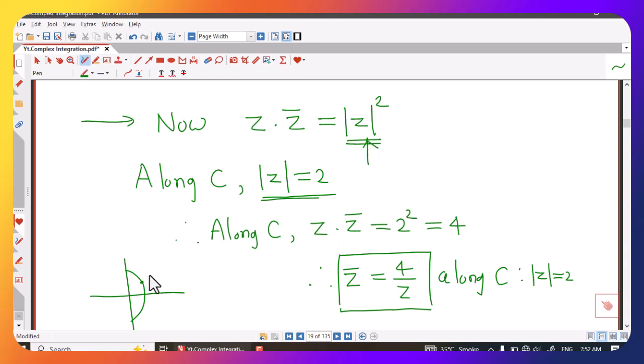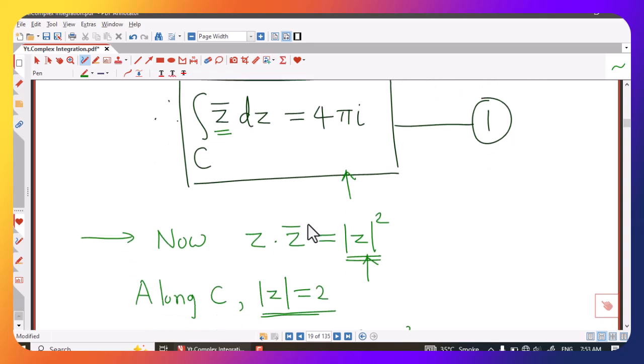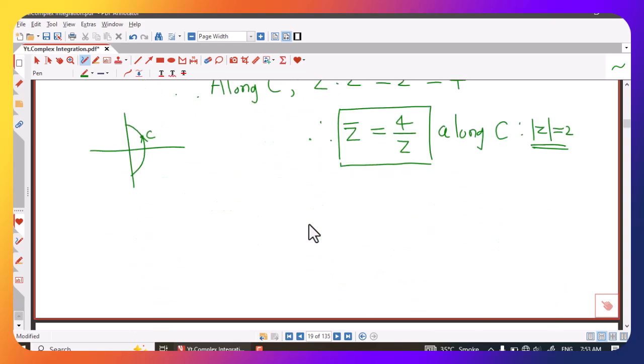Therefore along any part of the given contour we can write z into z bar equal to 4, or we can replace z bar by 4 divided by z along the contour mod z equal to 2. This we can use in this equation.